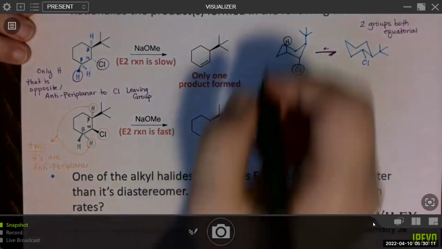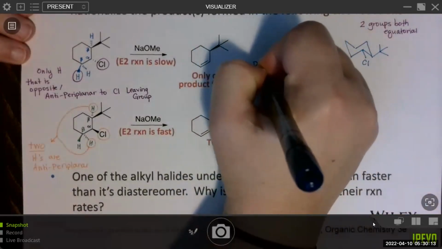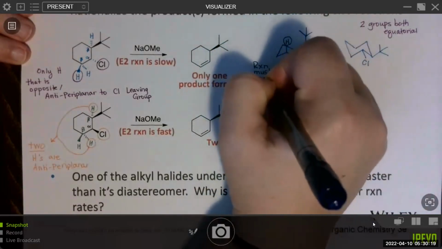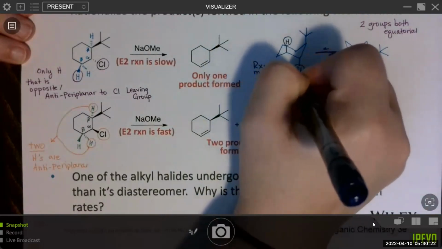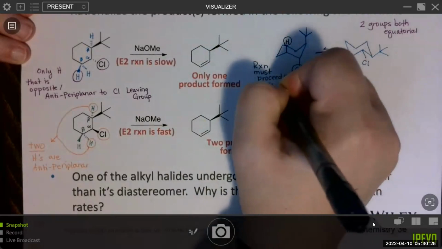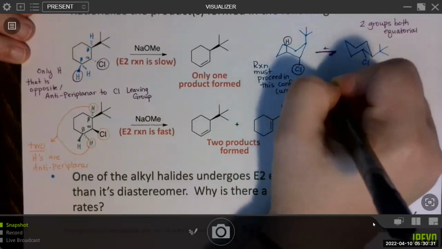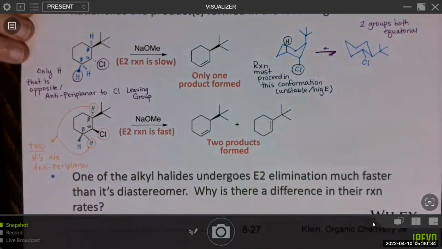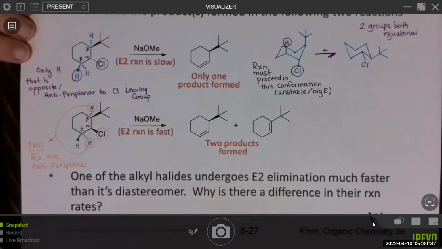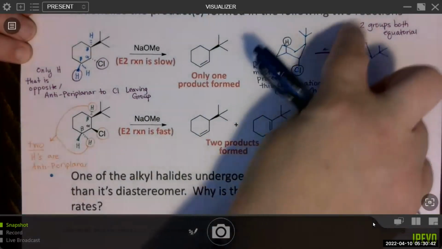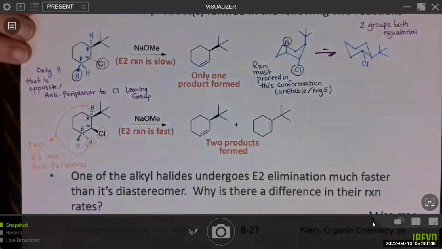So the reaction must proceed in this conformation, which is very unstable or high energy. So it's going to be very slow, because first this would have to ring flip to this conformation in order to react. And remember that 99.99% of the molecules will be in this conformation at any given time, which is the wrong conformation for the reaction to occur.